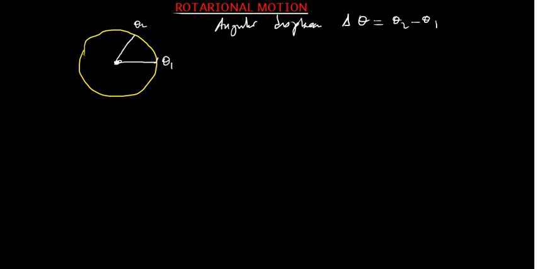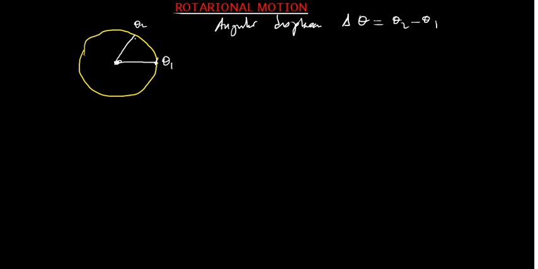That is the distance from this point to this point. But we also know that if we have a circle and we cut it at any 2 points like that, the distance from one point to the other is called the arc or arc length.